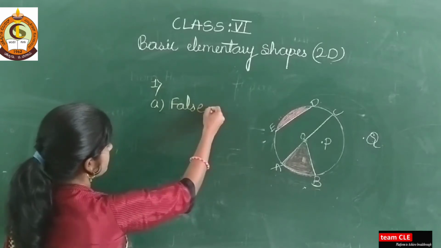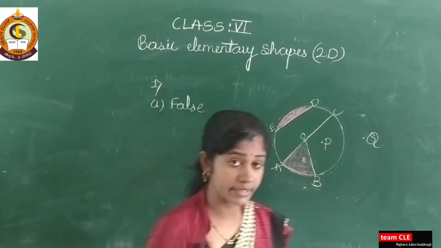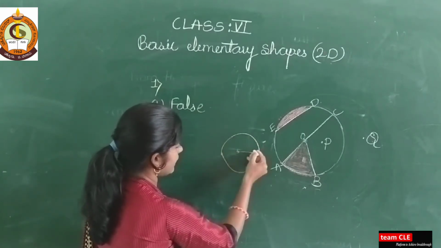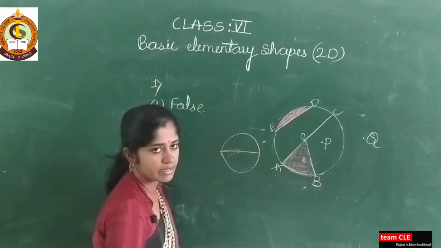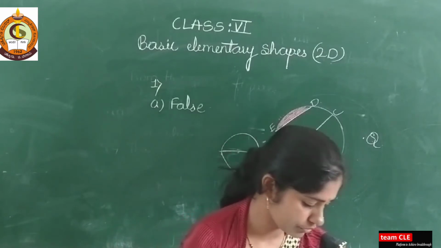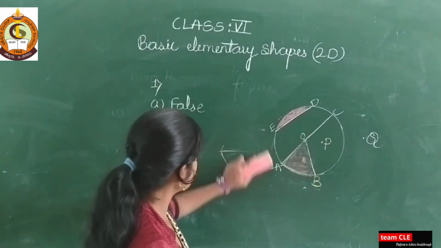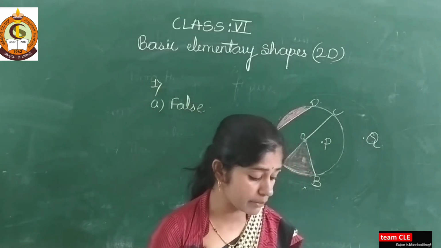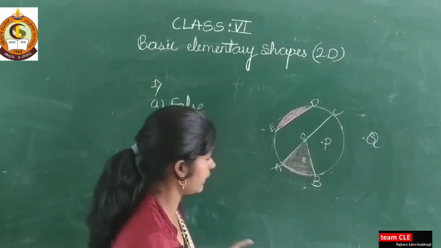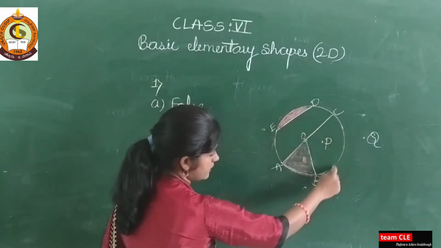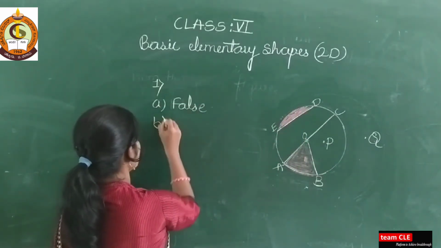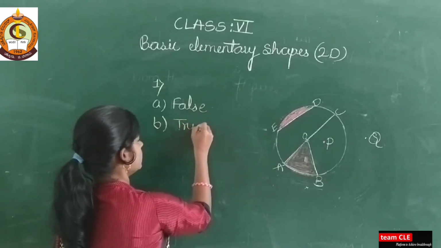Why false? Because they said half. No, it's double. See here, this is radius and the diameter is double its radius. So the first one is false. Now the second question: a circumference is the perimeter of the circle. Yes, that is true.